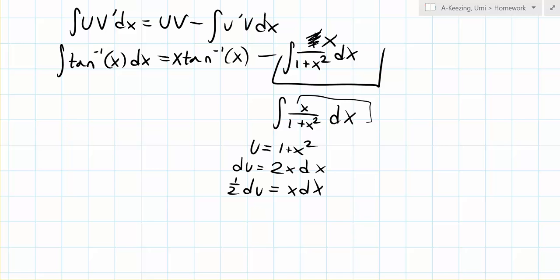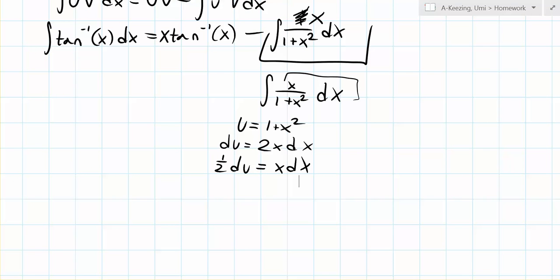All right, so now let's try to substitute x with u. So then the integral of, and then we know that x dx up here is 1/2 du.